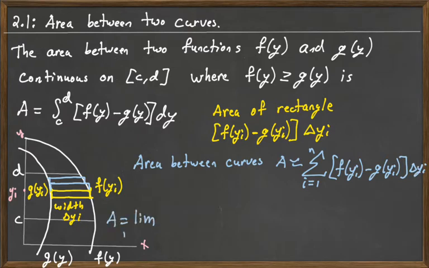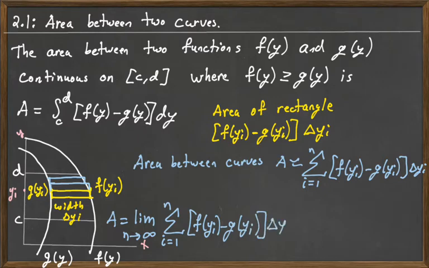So then the area would be the limit. We would let the norm of the partition go to 0, that'd be n going to infinity, of the sum i equals 1 to n of f of y i minus g of y i delta y i. And then as long as that limit existed, we said that was the definite integral from c to d of f of y minus g of y dy.